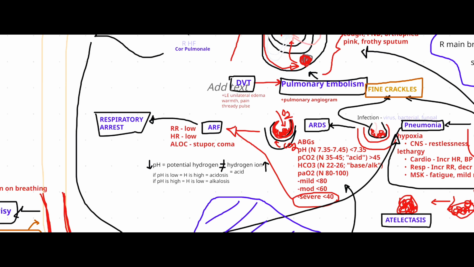Who remembers me talking about this in OB? What do I use as an analogy oftentimes? Cookie crumbs. Very good. So what do I mean by that? If you break a cookie, does it break clean? No, right? There's crumbs. In the same token, if there's a clot, in this case, this is a thrombus, not an embolus, right? What's the difference between a thrombus and an embolus?